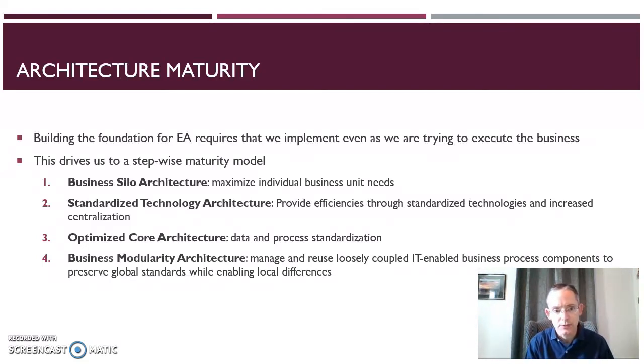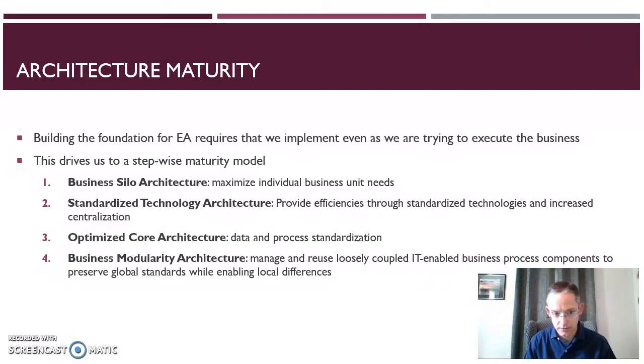But you move from there to a standardized technology architecture, where you're now just starting to standardize your technology so that you can get some of those efficiencies that come from centralization. Then you're going to optimize that core architecture, where you get data and process standardization going alongside your technology standardization. And now you're starting to really get some efficiency out of this.